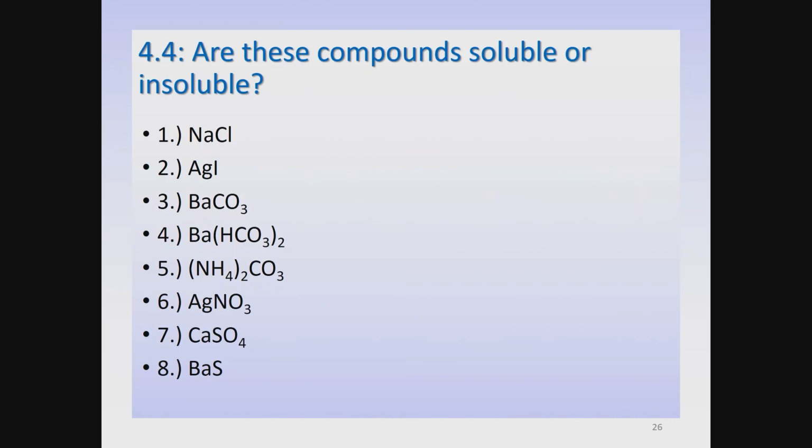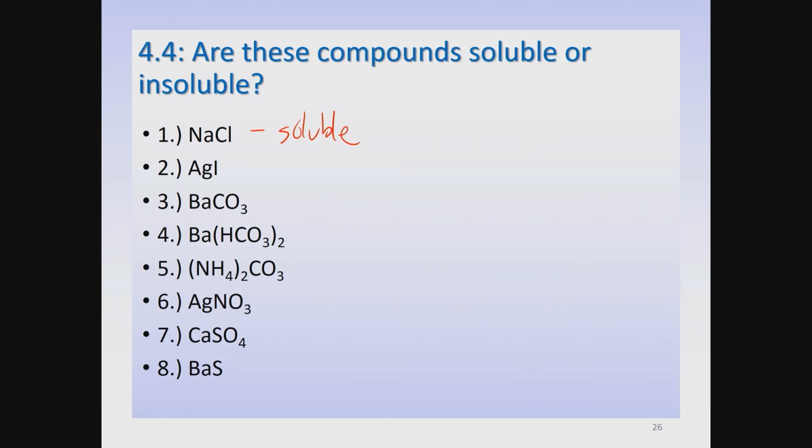Yes. It's sodium bound to chlorine. Sodium is Na, right? That is a group 1 metal, and you will recall that whenever you have a group 1 metal bound to any kind of anion, doesn't matter what it is, that forces the compound to be soluble. So sodium chloride is soluble.